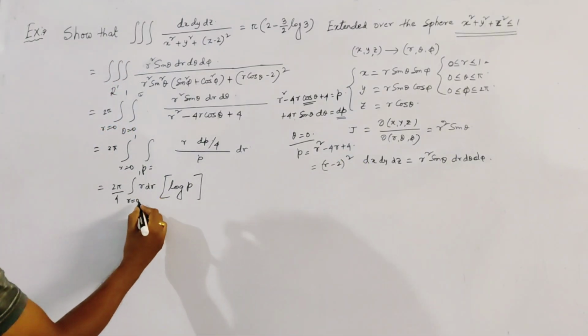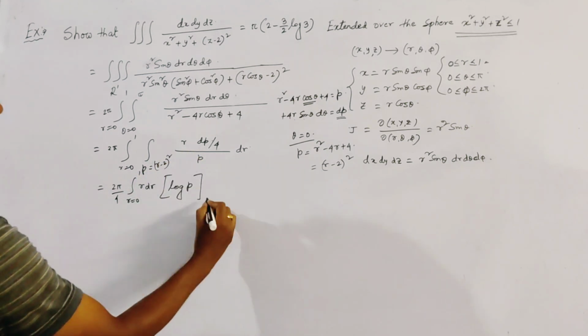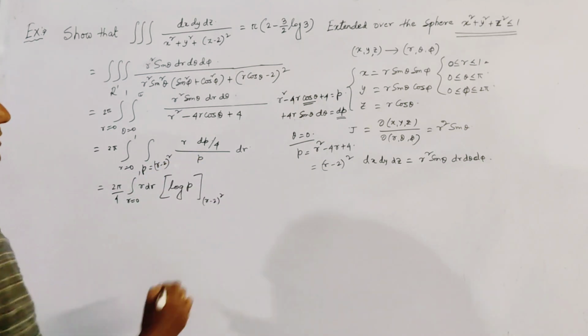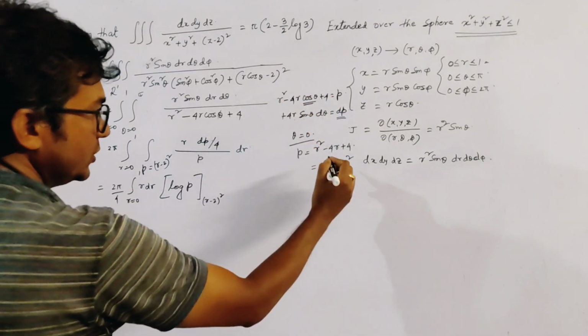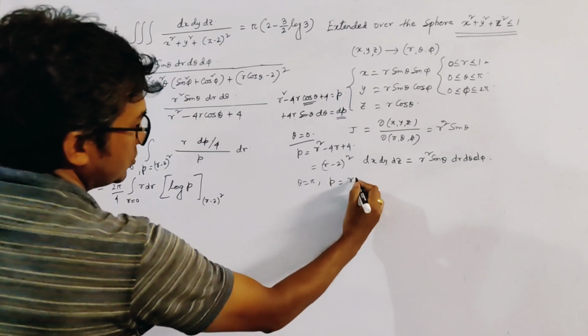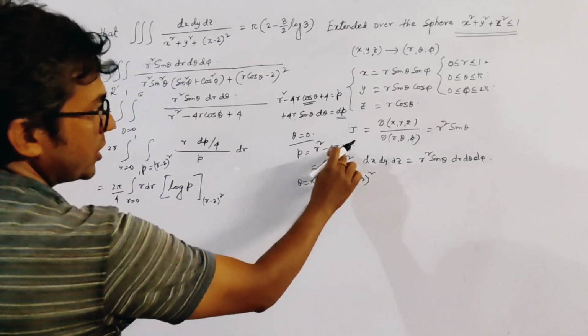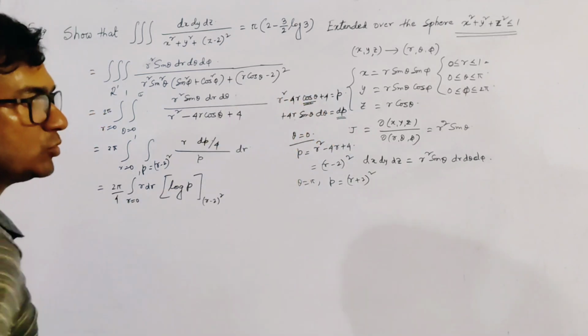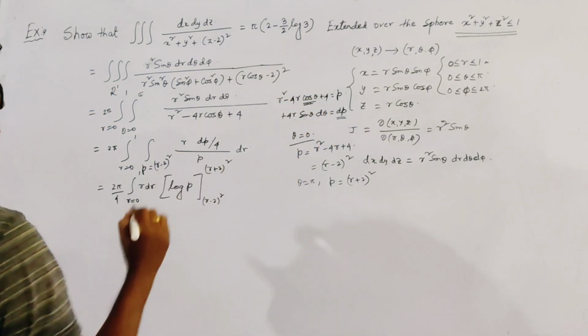This is the lower range. And when theta is equal to pi, p is equal to r square plus 4r plus 4, because cos pi is equal to minus 1, so the upper range is (r plus 2) whole square.